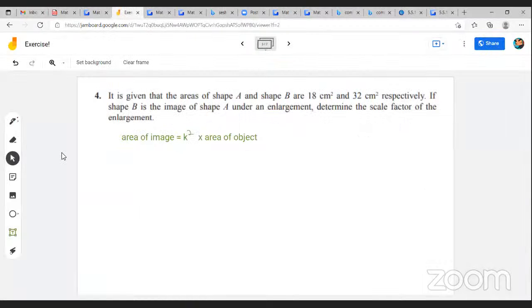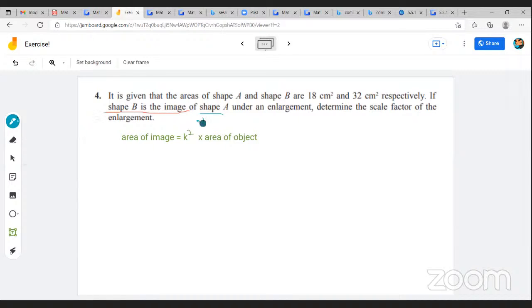So, Harin, which one is the image, shape B or shape A, based on the question? Is it A? Good try. But the image is shape B because, as you can see, it says that shape B is the image of shape A. So if it says image of shape A, it means that shape A is the object.